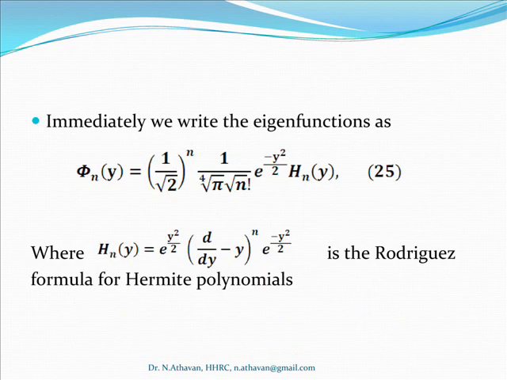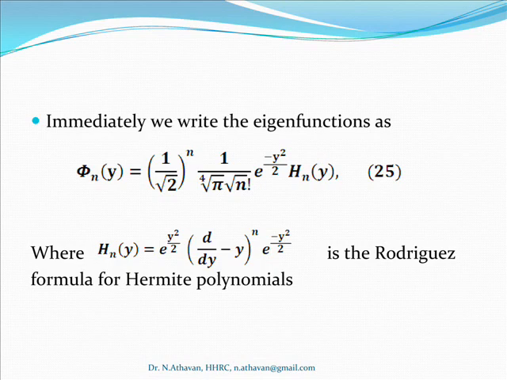Immediately, one can write the above equation as phi n of y is equal to 1 by square root of 2 to the power n into 1 by 4th root of pi into root n factorial e power minus y square into the Hermite polynomials Hn of y, because e power y square by 2 into d by dy minus y to the power n e power minus y square by 2 is nothing but the Rodrigues formula for generating the Hermite polynomials.